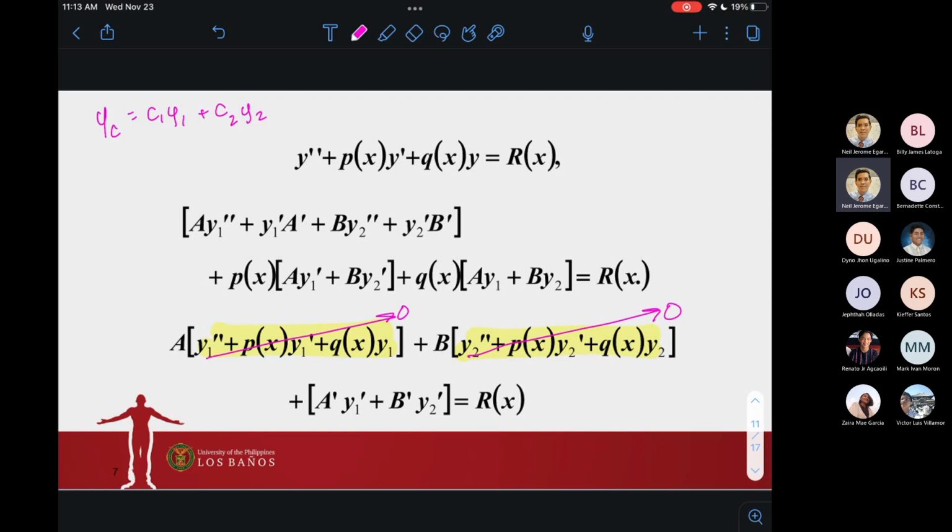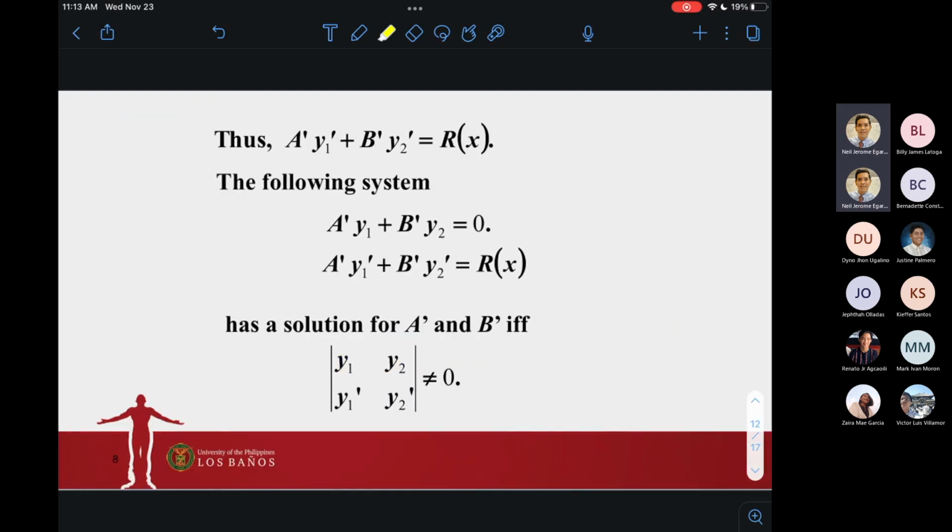Okay? Dahil nag-zero yan, natitira na lamang ay etong condition na to. A prime y1 prime plus b prime y sub 2 prime ay equal kay r of x. Okay? That's what we have here. So essentially, ano dapat yung nasa-satisfy ni A at saka ni B? A and B must be chosen such that this is true. Ito yung nanggaling mula dun sa non-homogeneous GLDE.